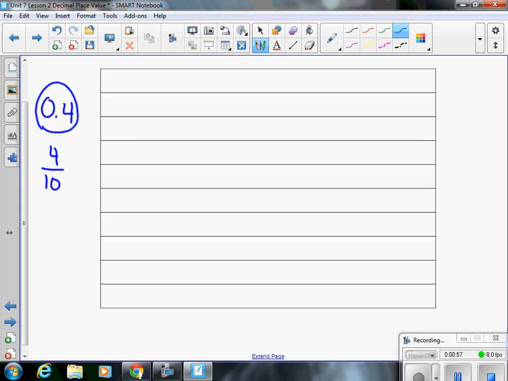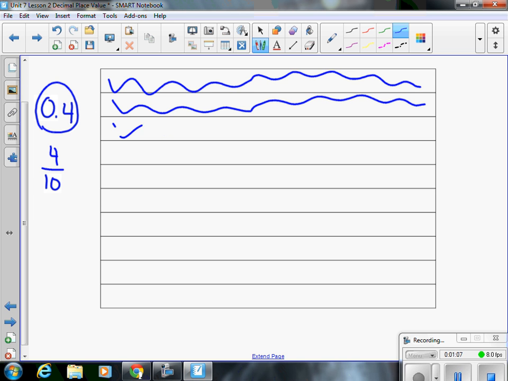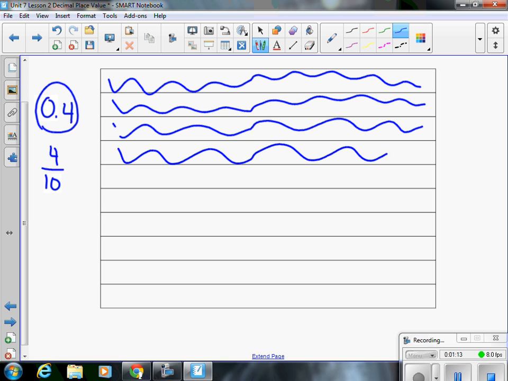So 4/10. I would shade in 4 out of my 10 bars. 1, 2, 3, 4. That's 4/10. All right. So that's how we model tenths on a tenths decimal model.